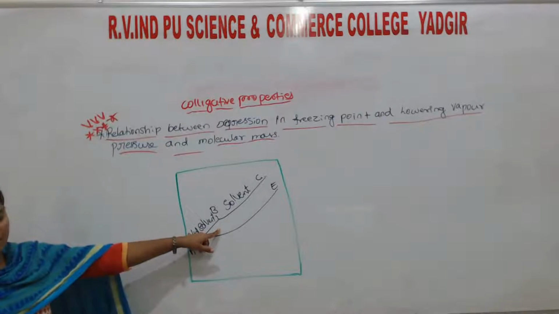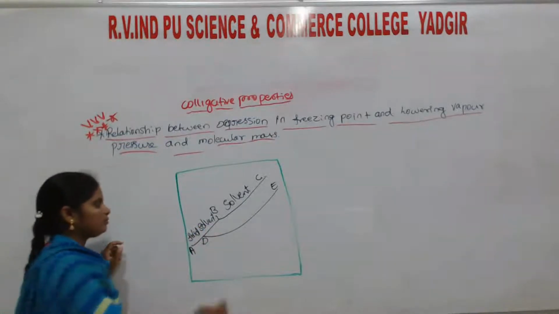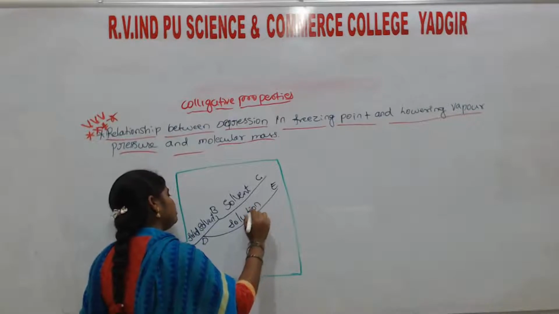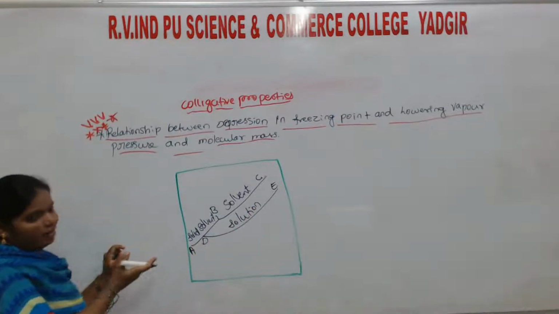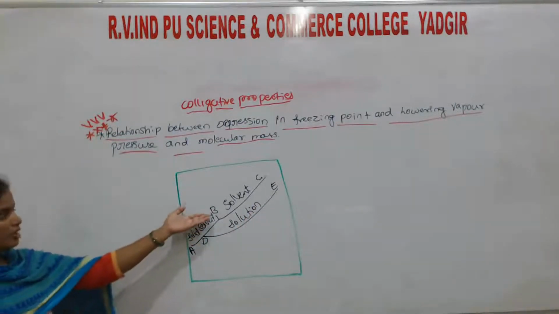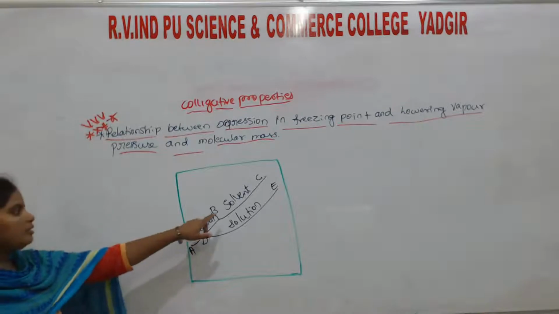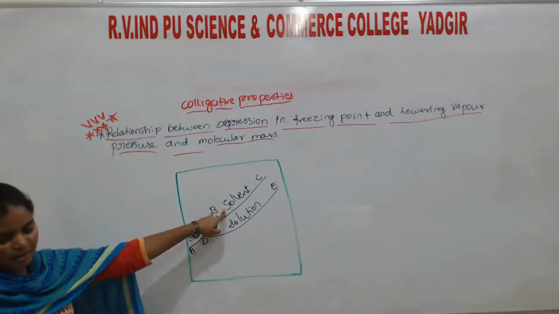Here this is a solution. You already know the solution curve is always below the solvent. This is the solid solvent. Solvent means liquid solvent.